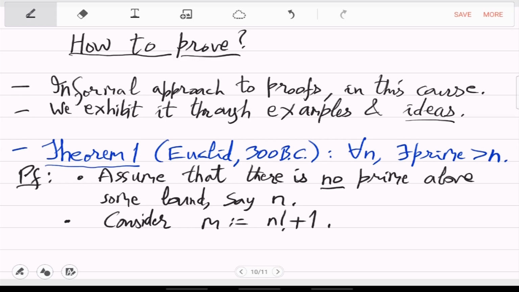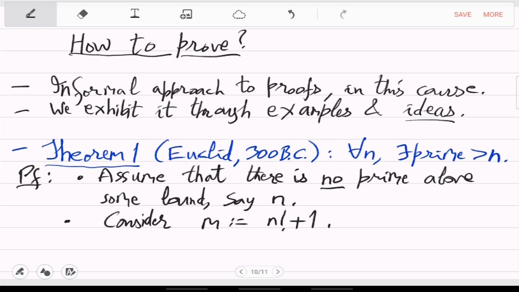Similarly, you can do it for 3, and in fact for any divisor of n factorial you can show that the plus 1 stops it. Basically, if you divide by the divisor you will get remainder 1. This is by construction.